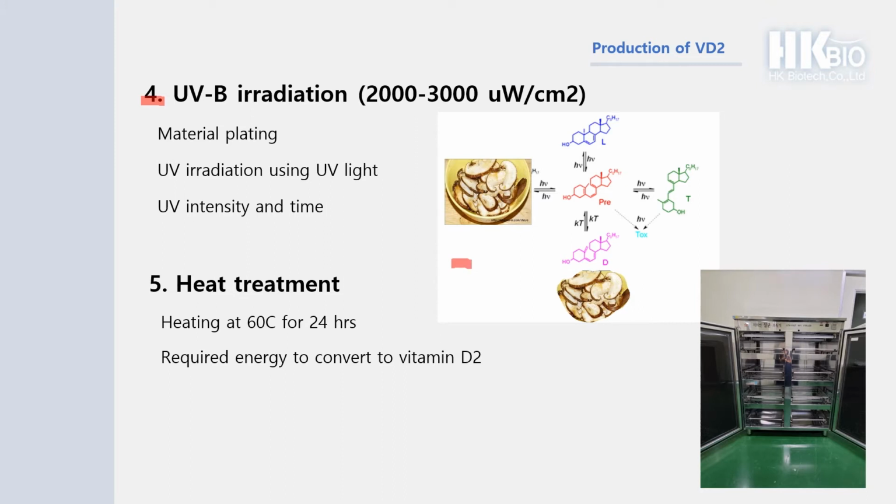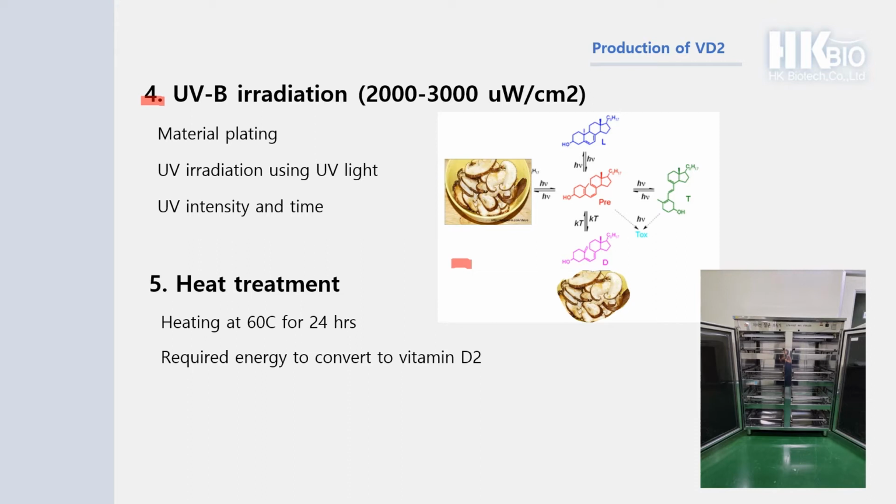So UV intensity and UV irradiation time should be well adjusted. In this case, UV was irradiated on 200 grams of chopped samples for 30 minutes with 2000 microwatts per square centimeter of intensity.